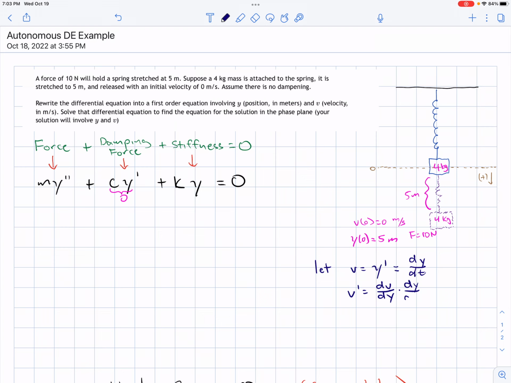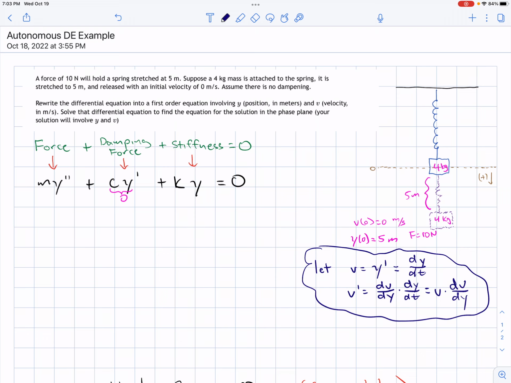We have to use the chain rule in that regard. And a nice reason to write it like this is because dy/dt right here is just y prime, which is just v. So what we can do is write this as v times dv/dy, right? That is nice. Why is that nice?